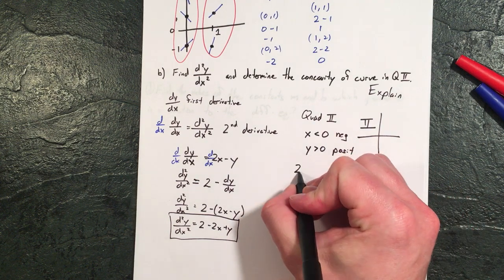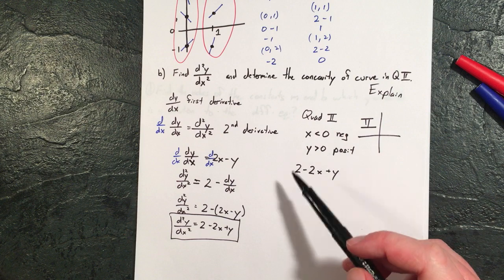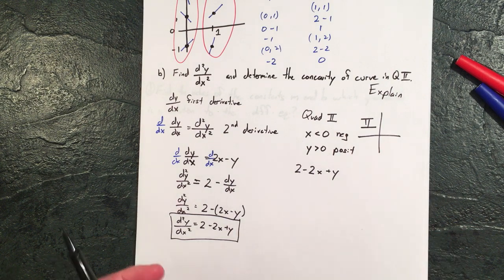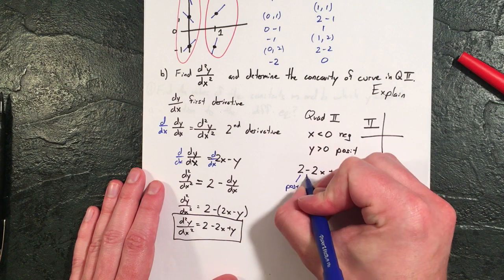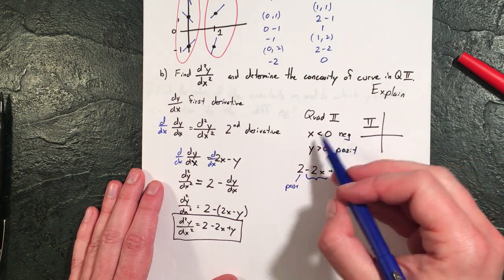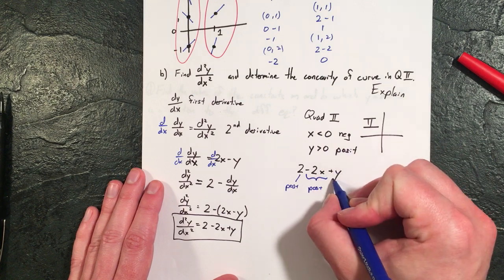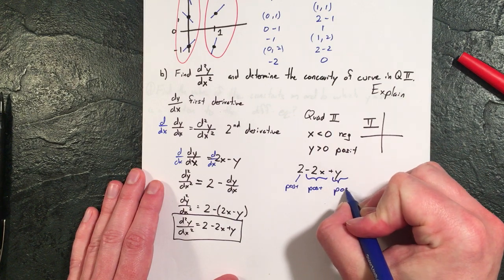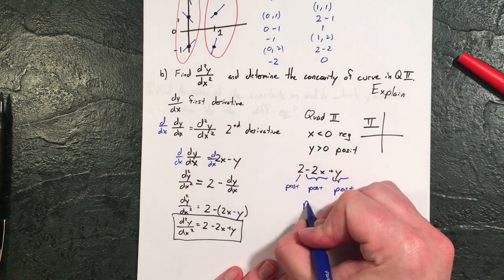And the equation for the second derivative we just found. So the 2 we know is always positive. The minus 2x, it's minus a negative, so this term is positive. And then we know that the y term is positive. So we have 3 positive numbers we're combining, which means our final answer will be positive.